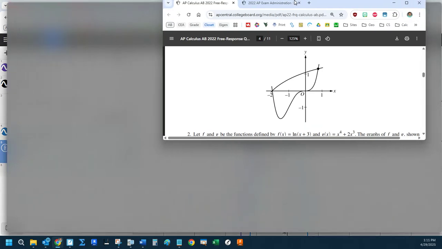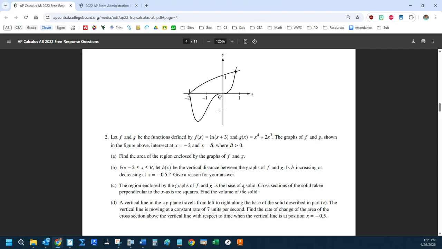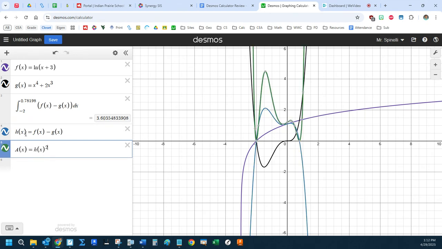All right, the next one, it says the region enclosed by f and g is the base of a solid with cross sections perpendicular to the x-axis. So I need to find the distance from top to bottom, which, hey, that happens to be h from the previous problem. So there's h, which means my area function is just that function squared. I don't need to visualize these things anymore.